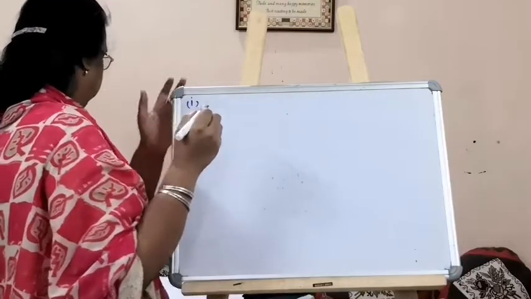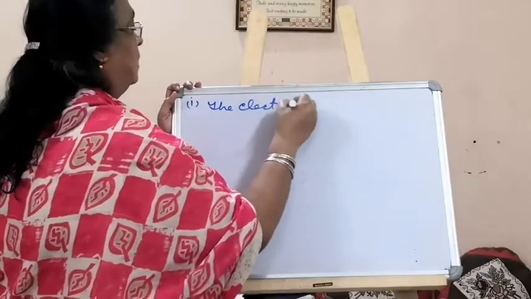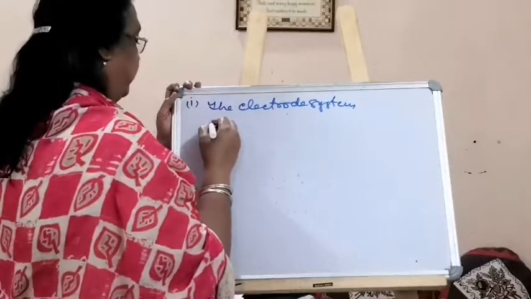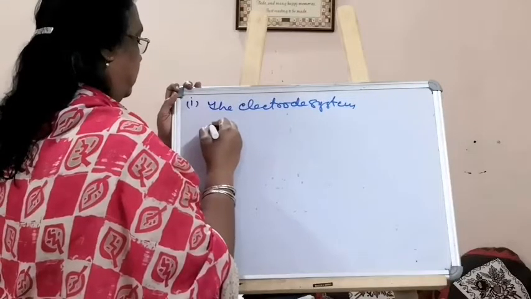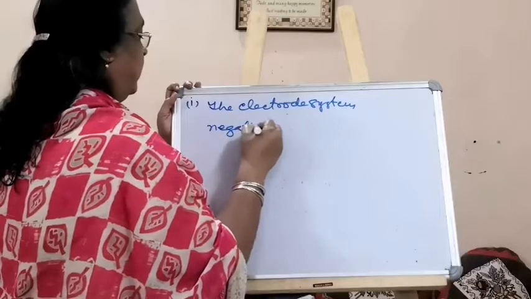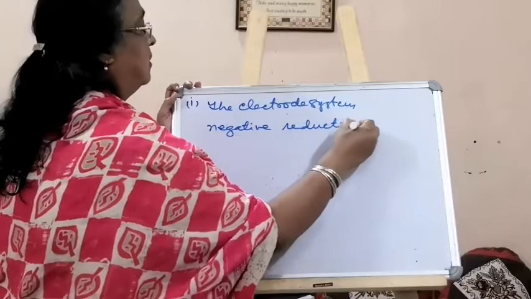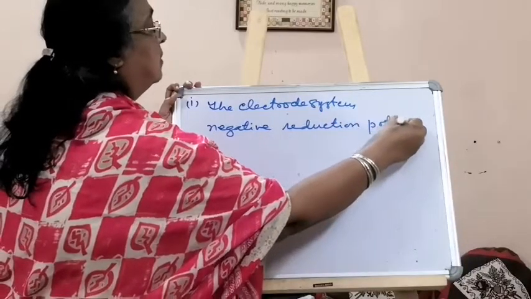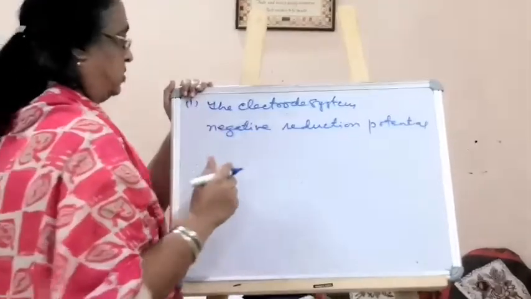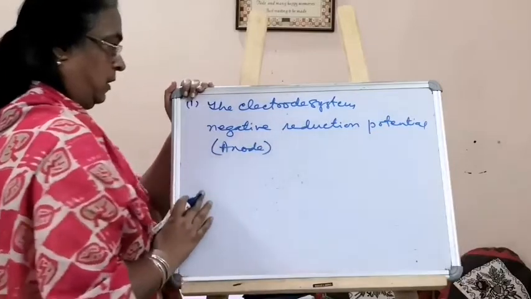The electrode system, if it is having a negative reduction potential, then it is taken to be the anode.